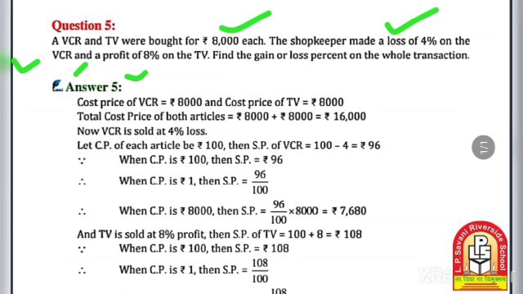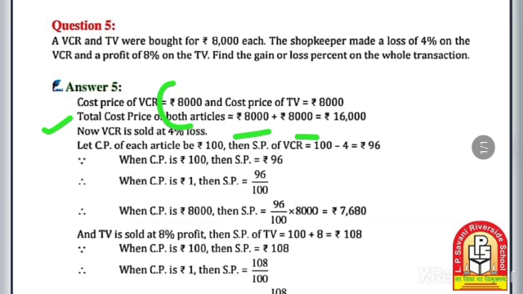Find the gain or loss percentage on the whole transaction. The cost price of the VCR is rupees 8,000 and the cost price of the TV is rupees 8,000. So the total cost price of both articles is 8,000 plus 8,000, that is 16,000.